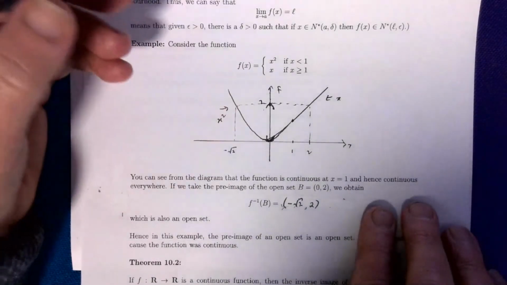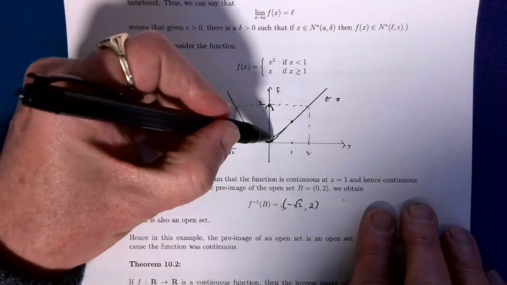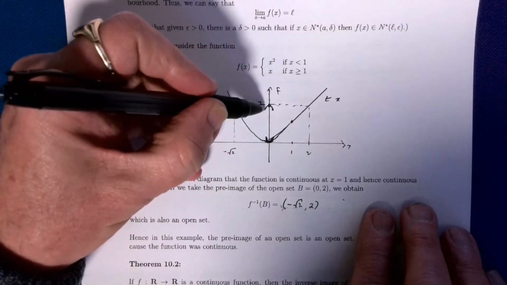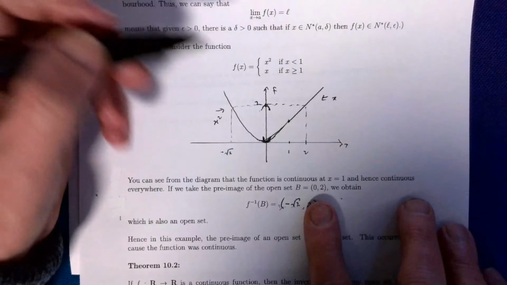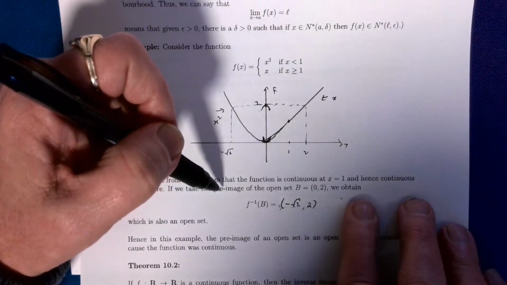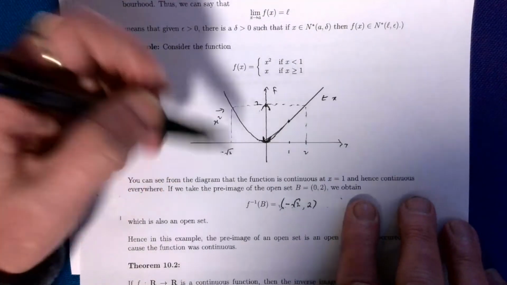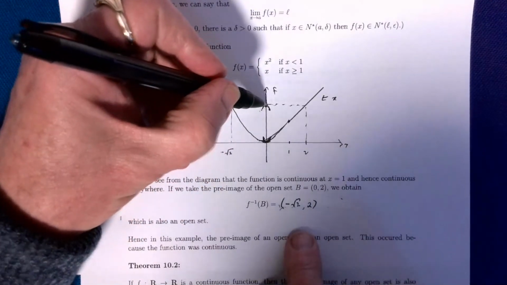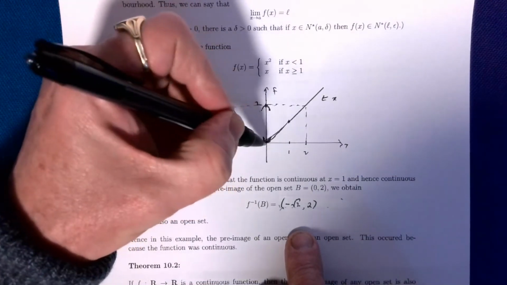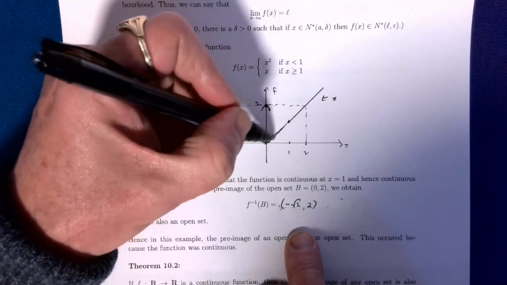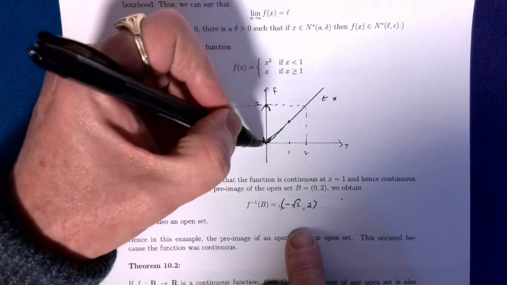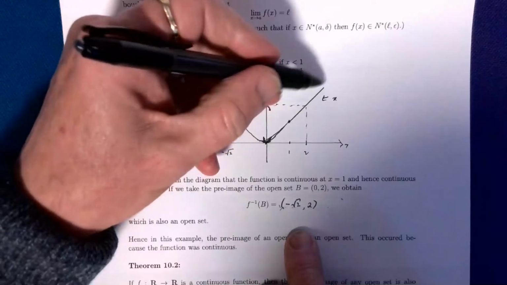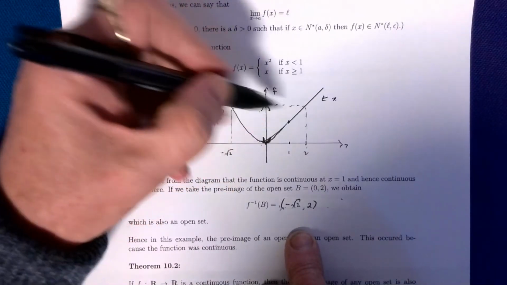Now I'm just going to pick another open set here, the open set (0, 2), and I'm going to look at the pre-image of this open set. Well, I want to see what x values map to here. Clearly any x value in here is going to map up onto here, and because this is the line y equals x, if this is 2, this is 2.